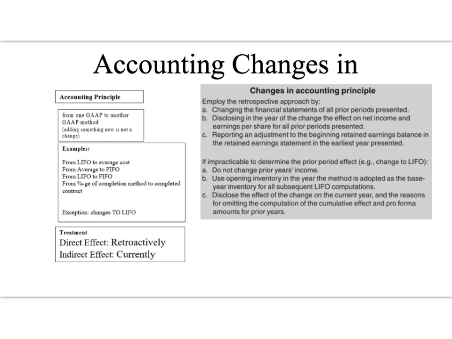There's only one slight exception to this rule, and that exception is when you're changing from any method of inventory to LIFO. So, for example, when you're going from FIFO to LIFO, you used to account first in, first out.